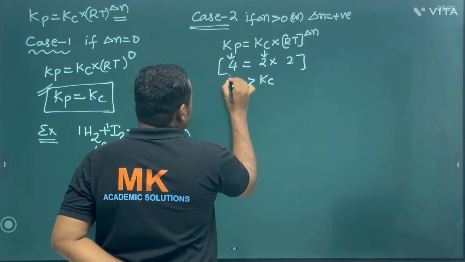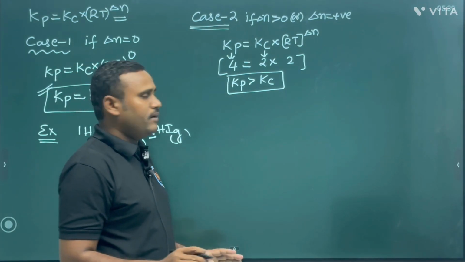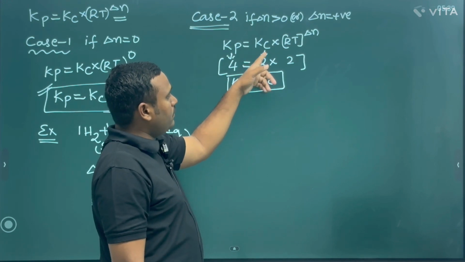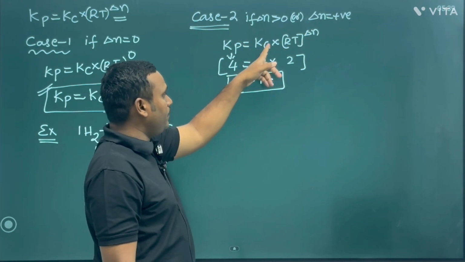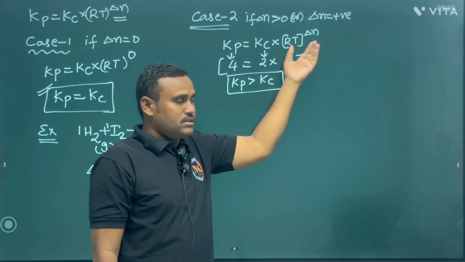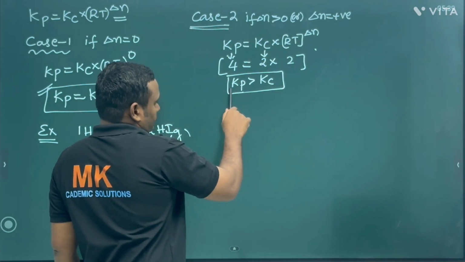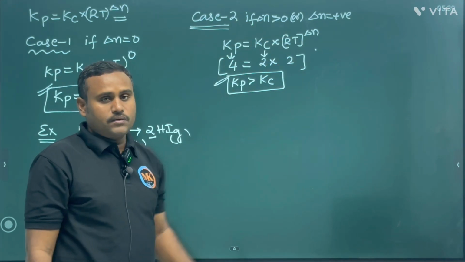Simply we can understand from this relation, just an example I am telling. Kp is equal to Kc into RT to the power delta n, so to equalize Kp and Kc, we are multiplying Kc with another substance. Means Kp is always greater than Kc when delta n is positive.